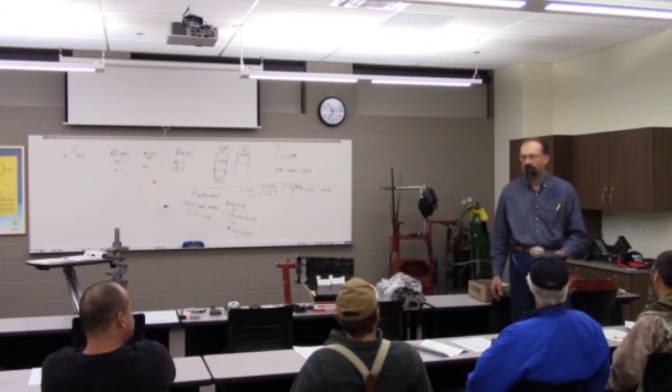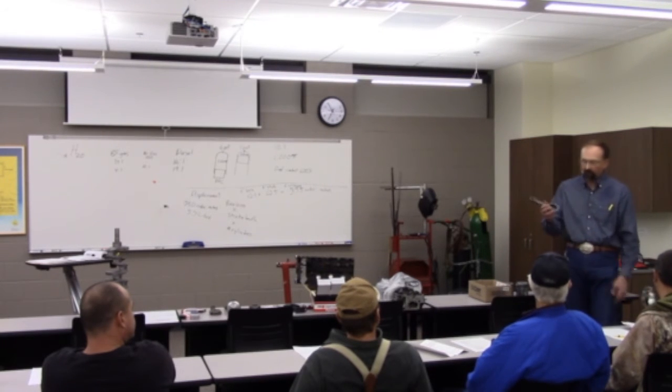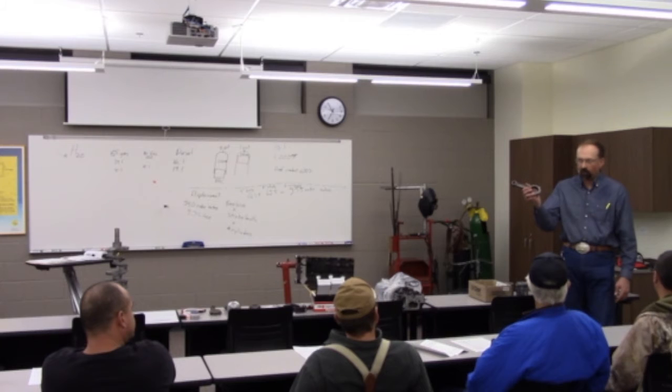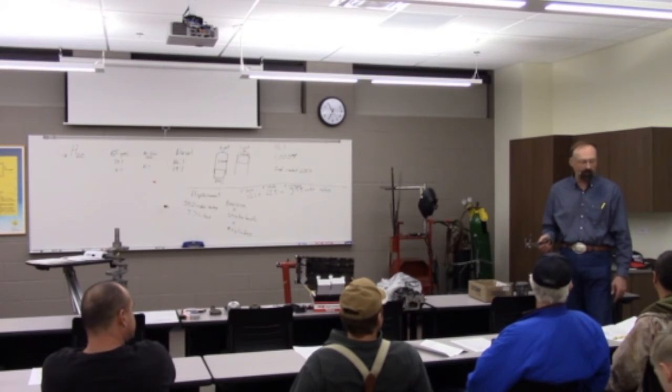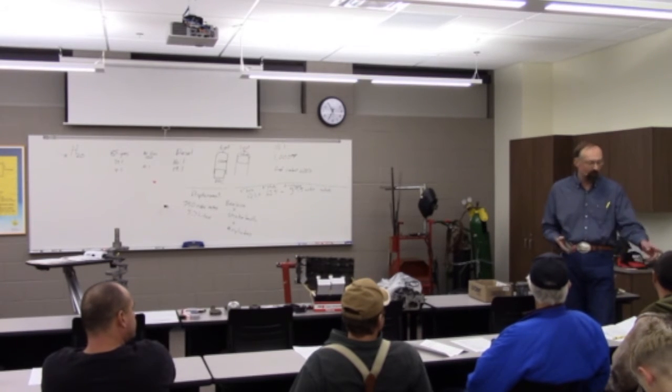Exactly. The compression ratio. So this is out of an engine that's running 8-to-1 compression. That's out of an engine running 18-to-1 compression. So there's significantly, and like you said, there's a lot more power.